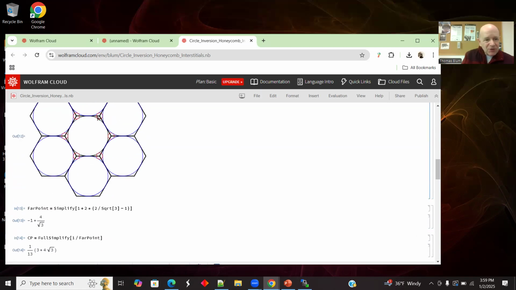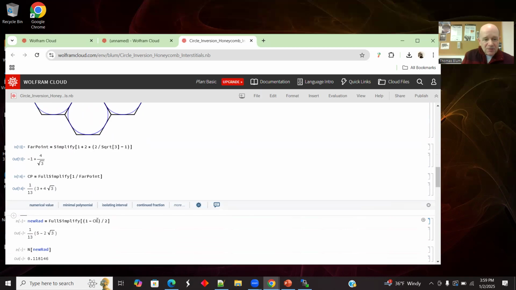So I'm at this circle. I am subtracting that close point and dividing that by 2. So the difference between 1 and the close point would be the diameter of that inverted red circle divided by 2 to get the radius. And so there that is. Okay.